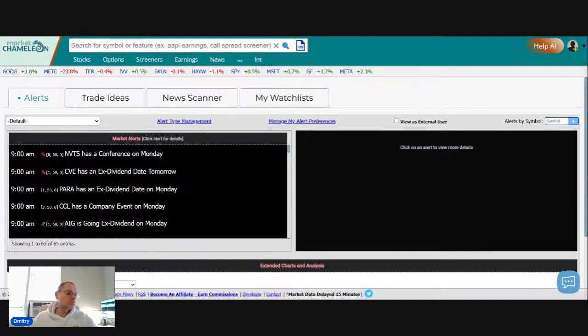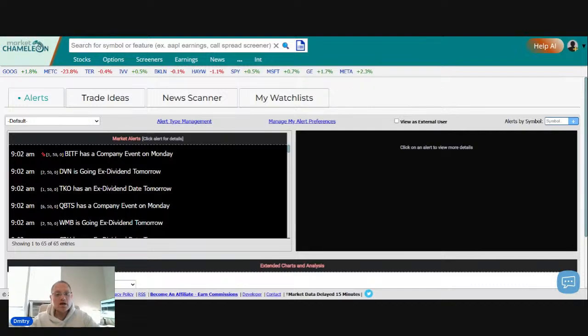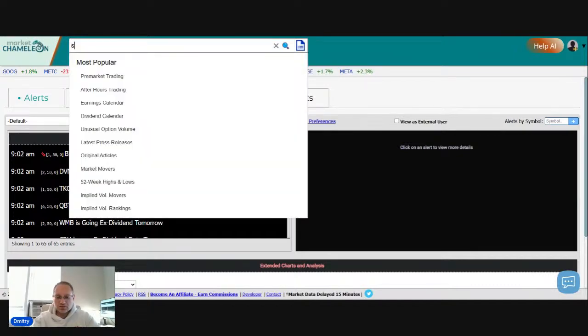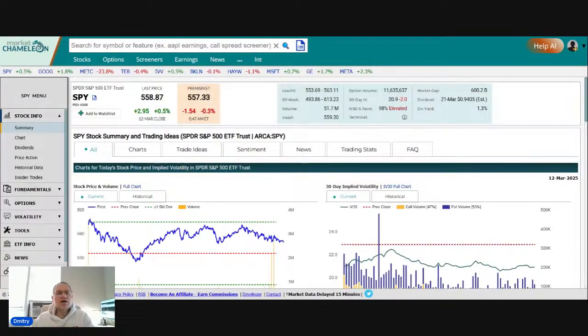Now, to look for it, we're going to use SPY as the security to hedge against the market. SPY is the S&P 500 ETF. So let's first go to the SPY, type it into the search box on top. We land on this summary page, and on the left-hand side, we have this menu under options.